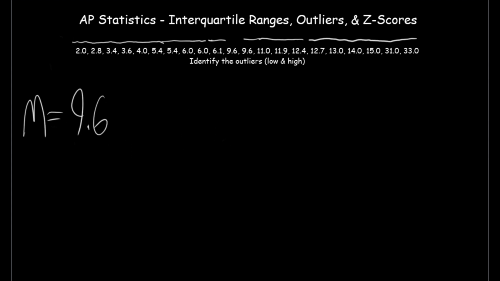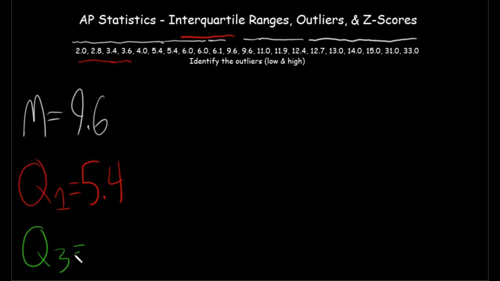And so to find the interquartile range afterwards, it's basically the median of the data in this section below the median and the median of the data that's above the median. So for quartile 1, what we can see from 9.6 down, we can say 1, 2, 3, 4, and our first quartile will be 5.4.